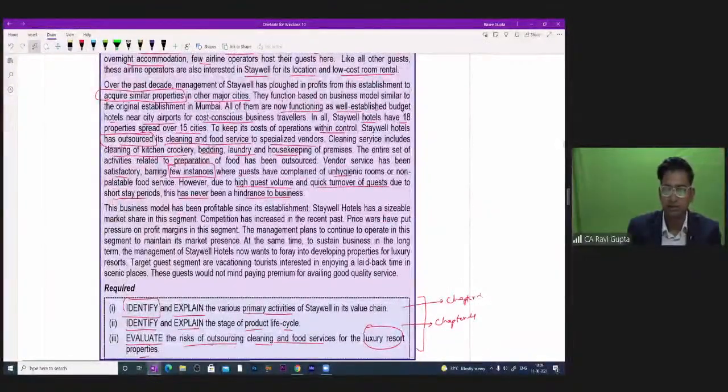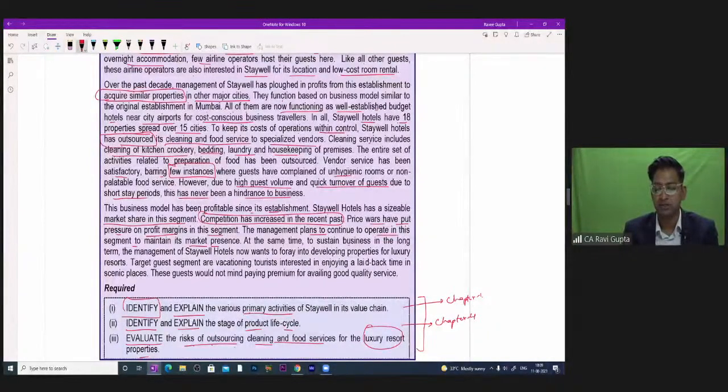So this model has been profitable since its establishment. Staywell Hotel has a sizable market share in this segment. Competition has increased in the recent past. Price wars have put pressure on the profit margin in this segment. Management plans to continue to operate in this segment to maintain its market presence.